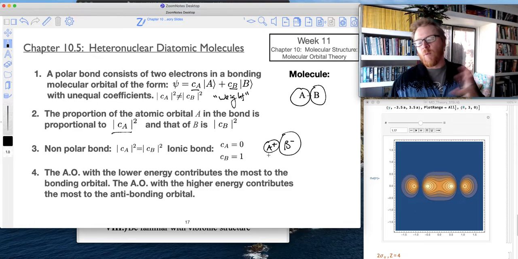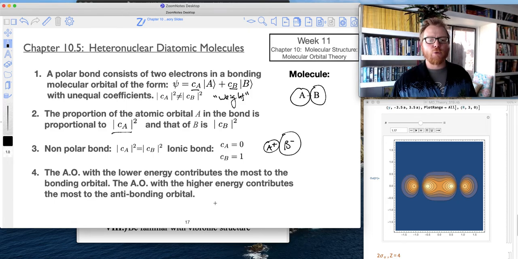Both have noble gas configuration, but the electron density is centered mostly on B, or entirely on B, okay? So the atomic orbital with the lower energy contributes the most to the bonding orbital, and the AO with the higher energy contributes the most to the antibonding orbital.